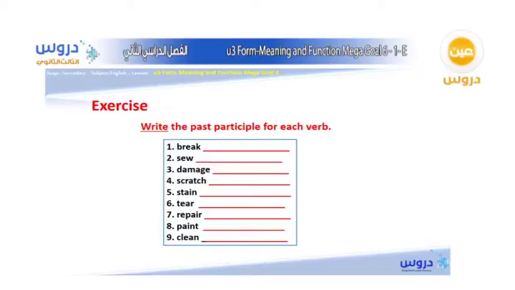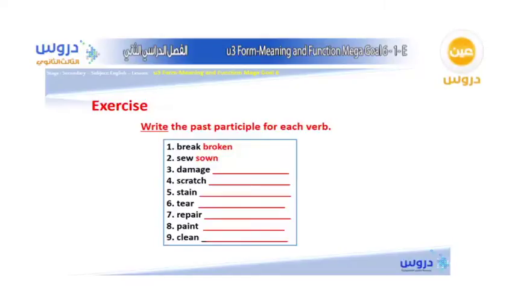So let's start. Break. What's the past participle of the verb break? I'll tell you. Break, broke, broken. So, the past participle of break is broken. What about sew? Sew, sewn. What about damage?